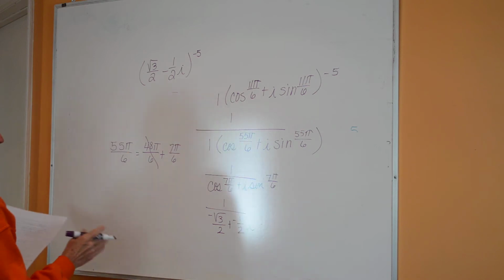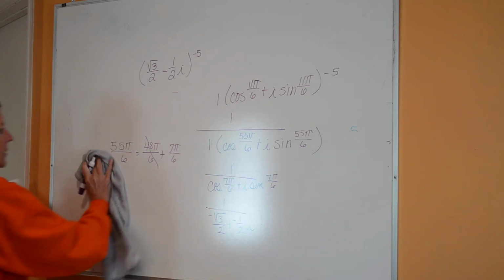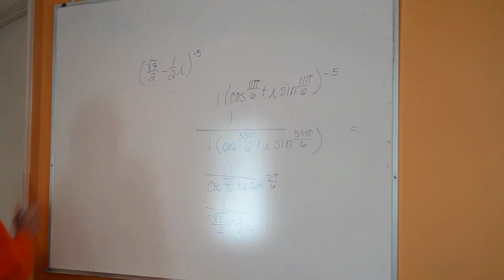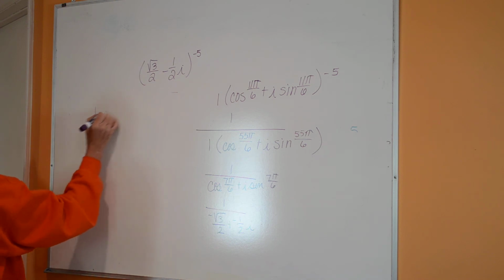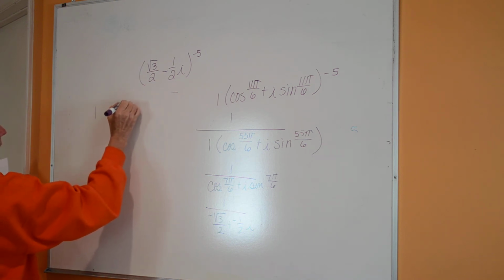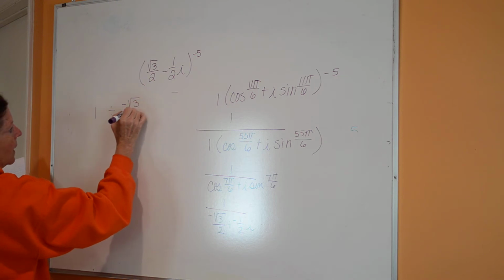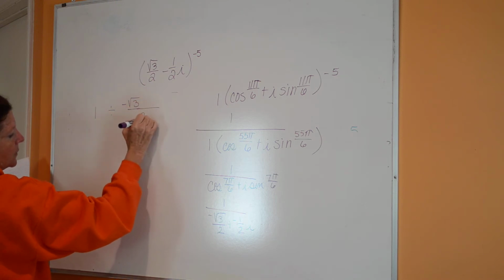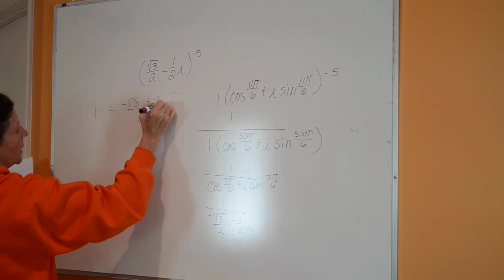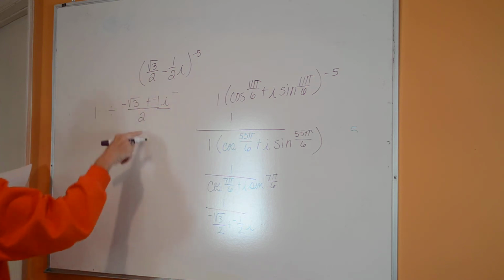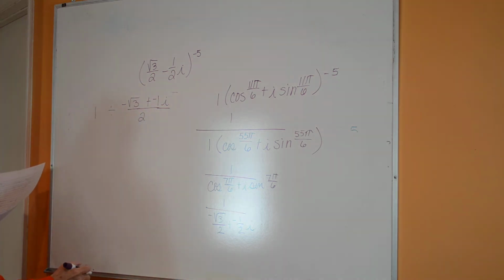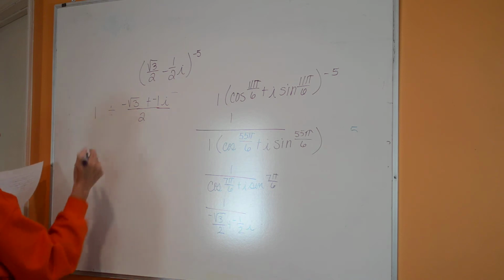What I'm going to have to do is invert and multiply. Again, I need more space here. So I can rewrite this as 1 divided by the negative square root of 3 over 2, plus negative 1i over 2. I'm going to invert and multiply on this, so this part's going to go on the bottom.